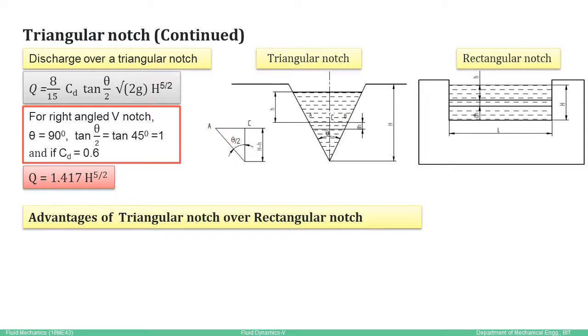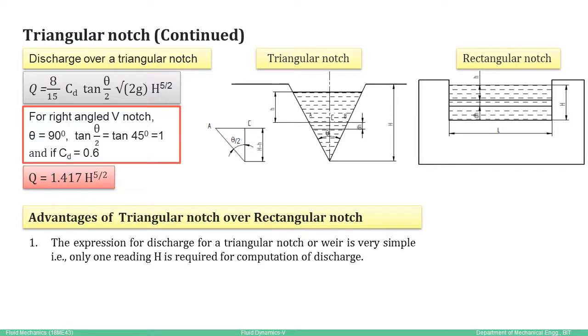The accuracy of measurement of H directly influences the calculation of Q. So the rectangular notch is not suitable for small discharges, whereas the triangular notch is quite easy to use even for lower discharge values. And a very important thing is they have a very simple expression for Q. Only one H value is needed for finding the Q value in case of a triangular notch.